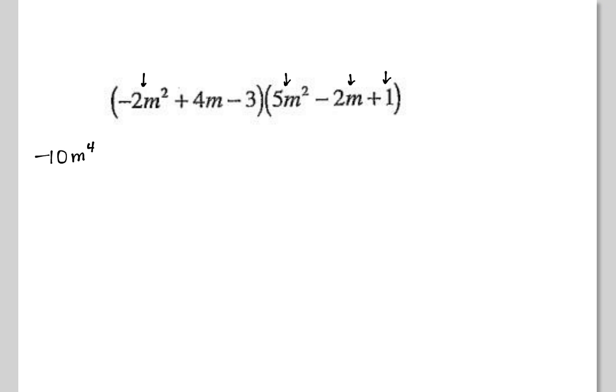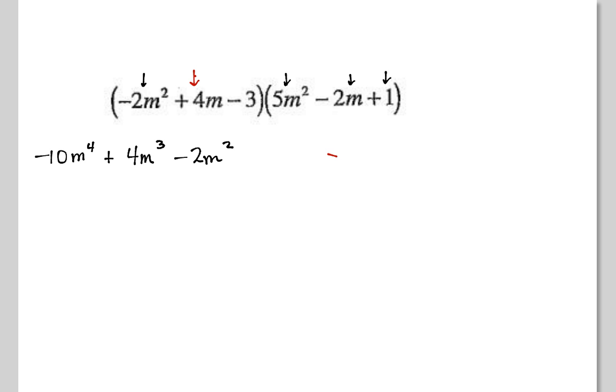A negative times a positive, and then it's going to go to m to the 4. 2 and 2 make 4, right? Now the second one is a negative times a negative, so this term is going to come out positive. And I got a 4m cubed. And the last one, negative times a positive, so it's just timesing by 1, so it'll stay the same. You guys feel okay about that first grouping?